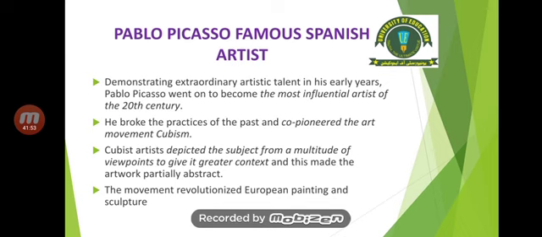But if you add the profile features on the same pre-existing front view, it will make the image more confusing, but also interesting and attractive at the same time. This is what he used. The movement revolutionized European painting and sculpture.